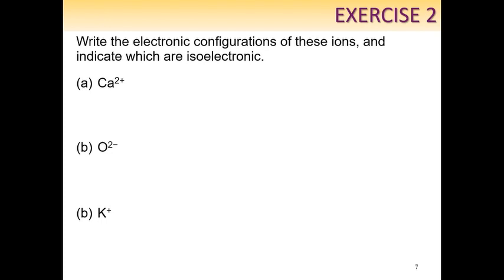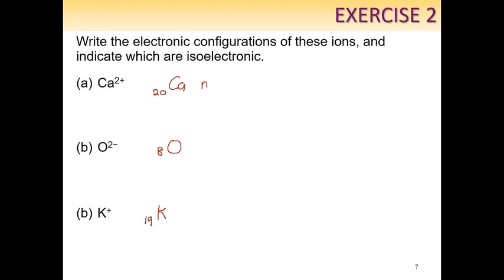So for calcium atom, it has 20 protons, for oxygen it has 8 protons, and for potassium it has 19 protons. For a neutral atom, the number of electrons would be the same.